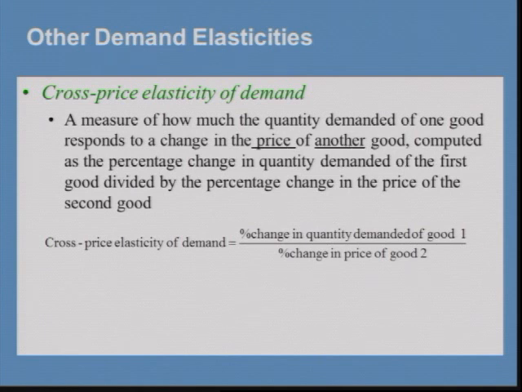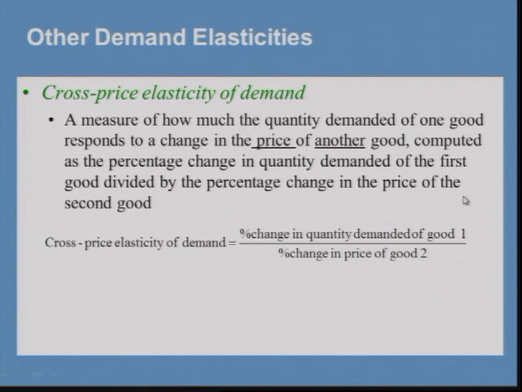With substitutes, like Coke and Pepsi, for example. If the price of Coke increases, this is going to be a positive number down here. What's going to happen to the demand for Pepsi? It'll increase. So this whole thing is going to be a positive number.